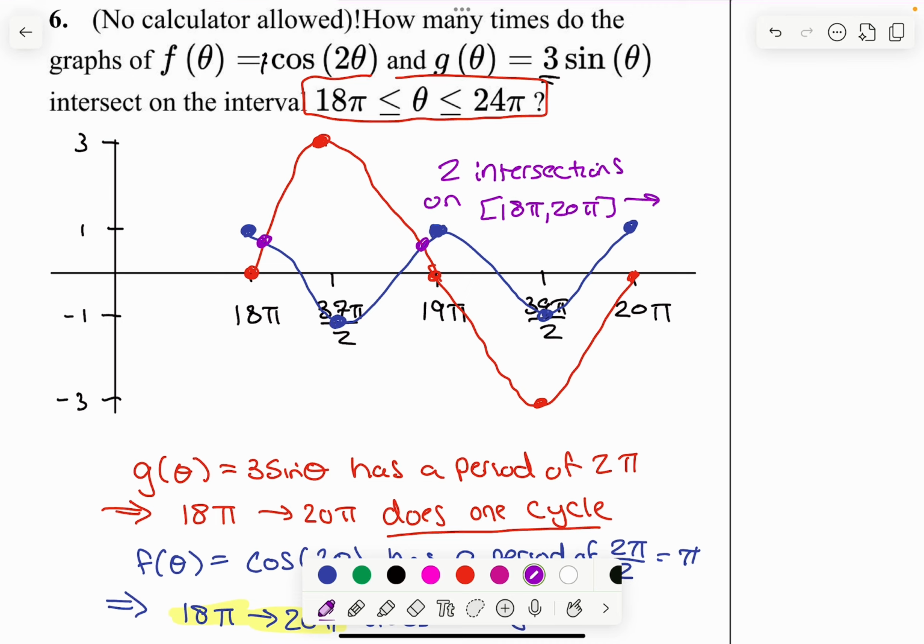So from 18 pi to 24 pi, there would be 2 plus 2 plus 2, which is 6 intersections, because this exact picture is going to just repeat 2 more times. So the answer should be 6.